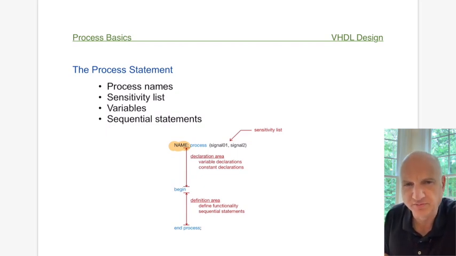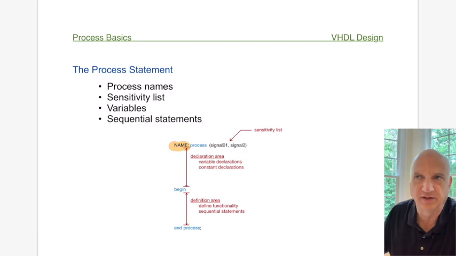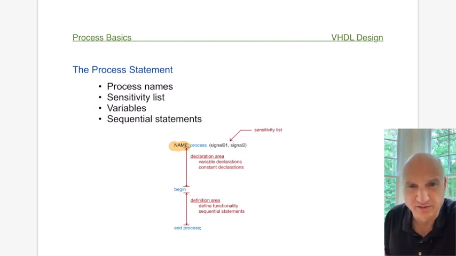So give it a reasonable name, like signal driver of some kind, or counter, like if you're doing a signal count or element count or something of that nature. So you want to make sure to give it a name that has some meaning to the overall design. It's not required by the standard, but it is an exceptionally good idea to name your processes. So you really should try to name all of your processes.